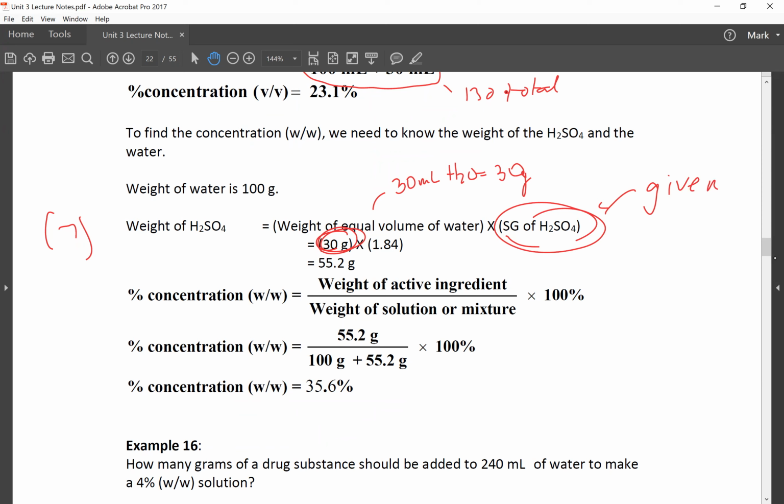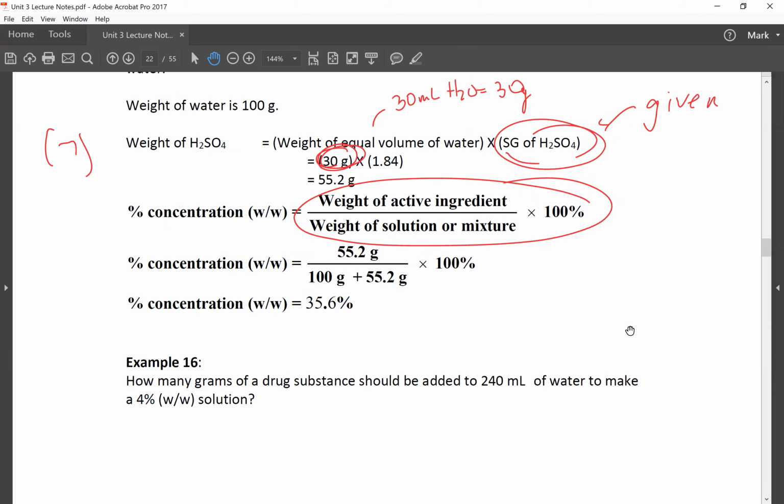So 30 times 1.84 means that the weight of the H2SO4 is 55 grams. I do exactly what I did before, but I use weights instead of volume. So the weight of the active ingredient is 55. I add that to the 100 grams of water to get my mixture and then divide.